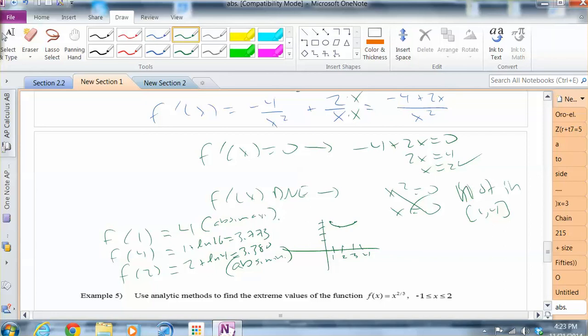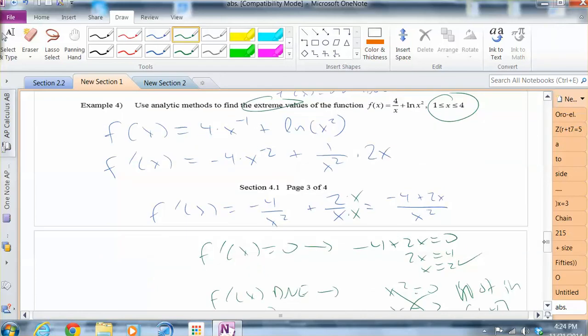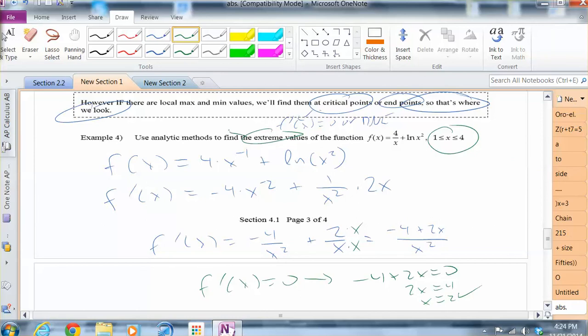So we would state that we have an absolute min of 3.380 at x equals 2, and an absolute max of 4 at x equals 1. Again, we want the extreme values. So absolutes.